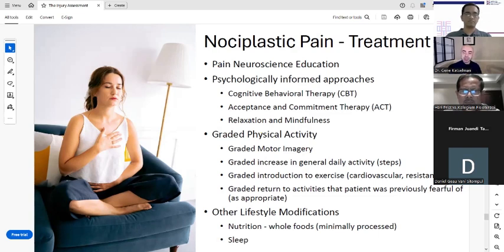Cardiovascular exercise has been very, very beneficial for those with nociplastic pain. So they may need to go slower, and there's a lot of skill to being able to gradually introduce these things in people with a lot of pain. But your goal is to introduce resistance exercise and aerobic exercise gradually to these patients.